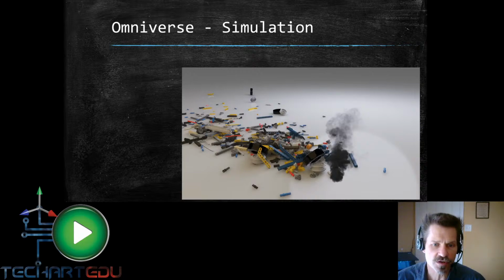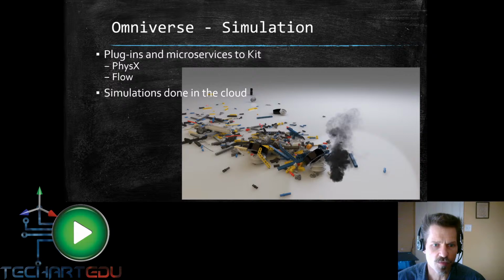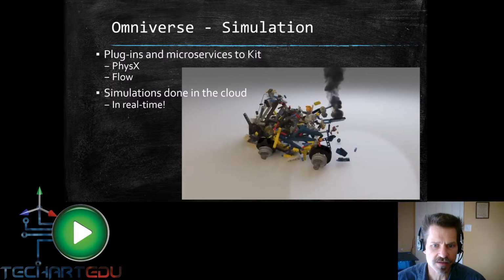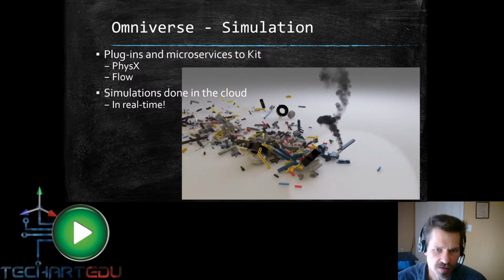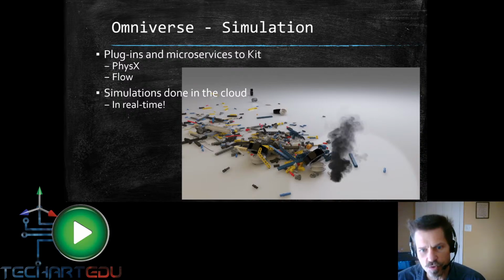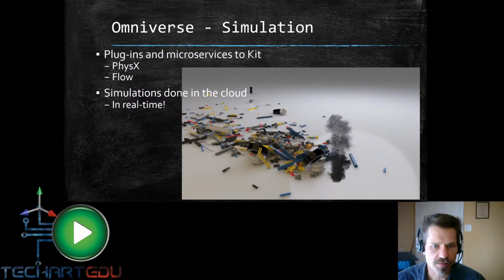Now, one of the things it can do, since Omniverse is up in the cloud, is offer microservices, and one of these microservices is physics, where simulations can now be done in the cloud in real time. Therefore, you can call for simulations to be constantly generated and computed up in the cloud in real time and sent down to the user in real time. Now that's really cool.